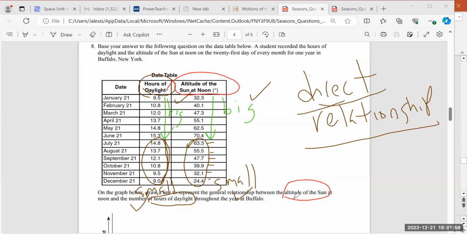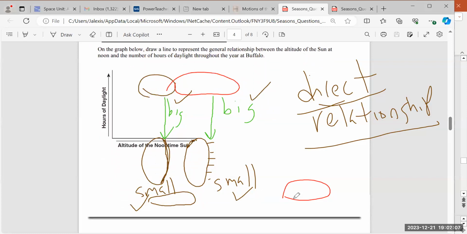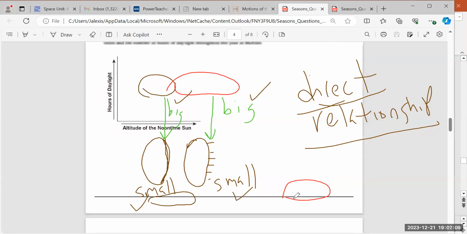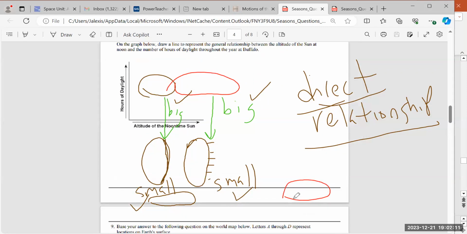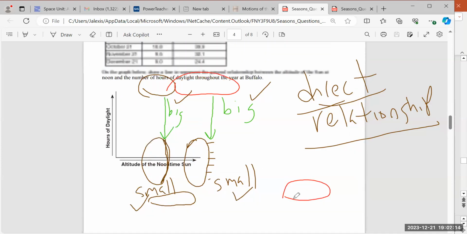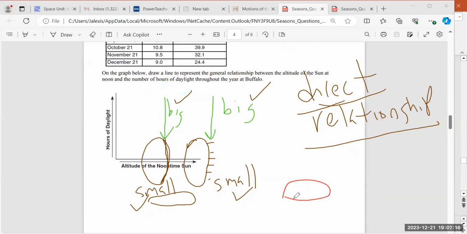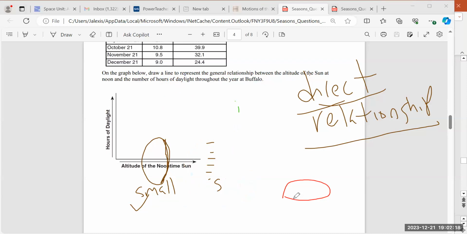And how do we draw direct relationships on a graph? Do we remember? Let me just get this out of the way. Let me erase this stuff.